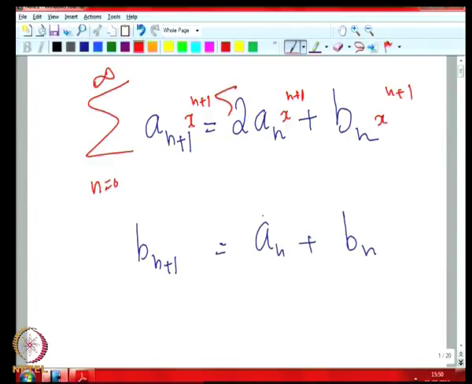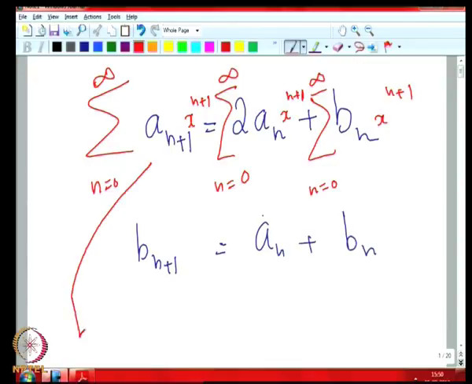Because n equal to 0 to infinity means n plus 1 starts from 1 and goes to infinity.